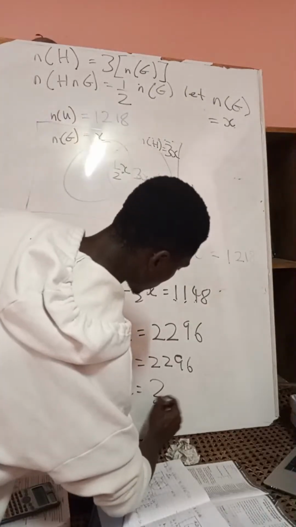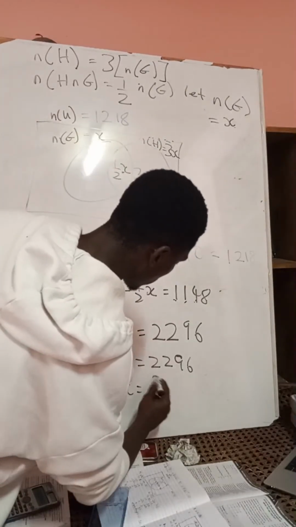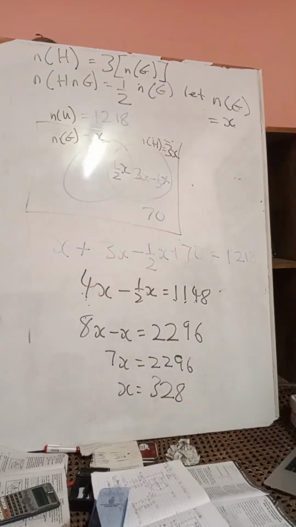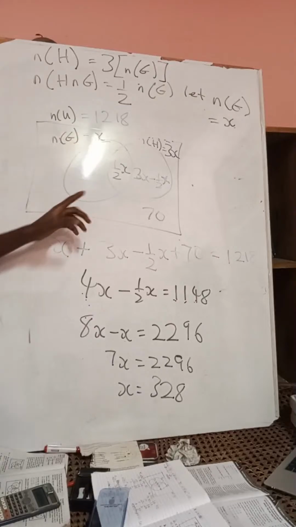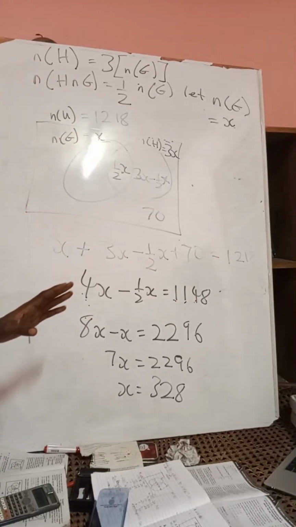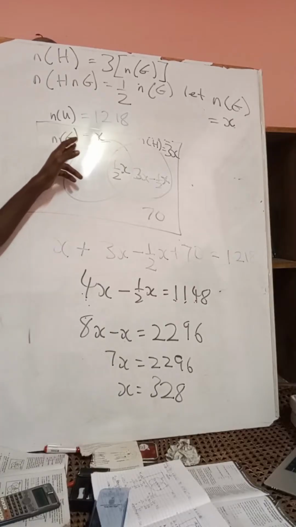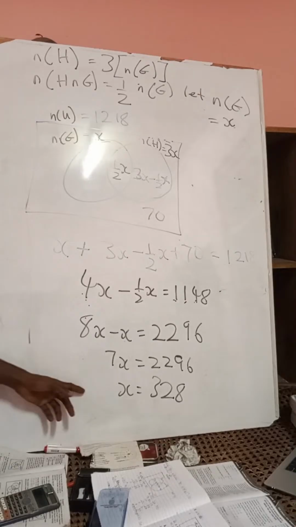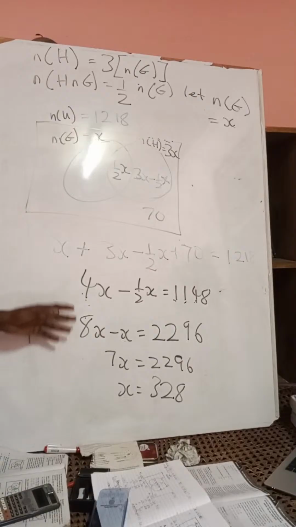It means that x is 328. So those who like gospel is 328. You understand?